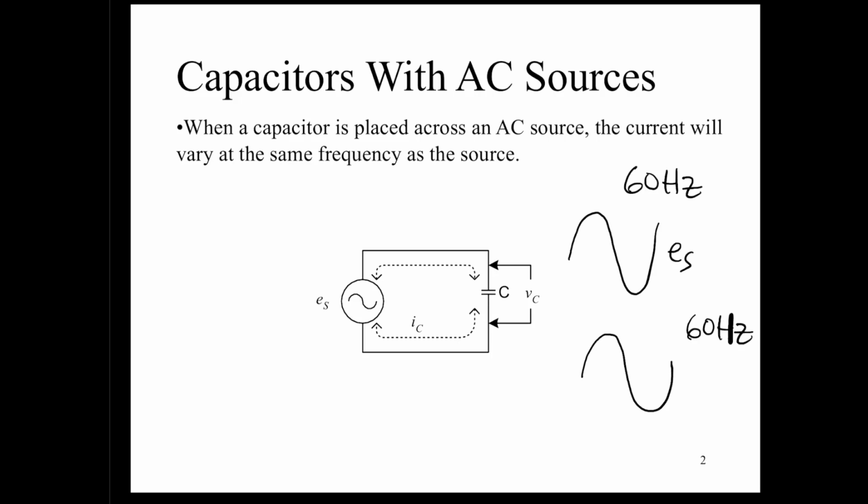The only thing is, because of reactance, we wouldn't expect these to be in phase like they would be for a resistive circuit. Whenever we have reactance, there's always going to be a phase shift, an angular displacement between the voltage and the current.